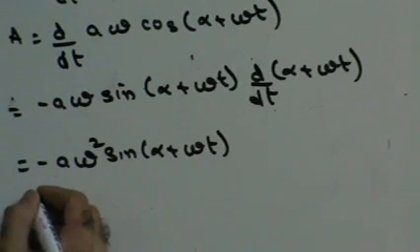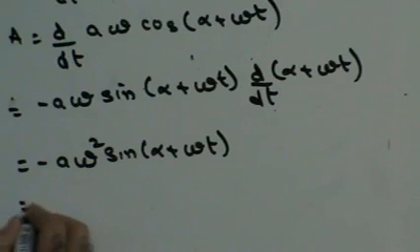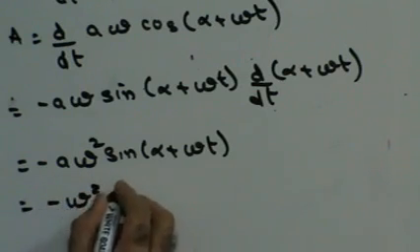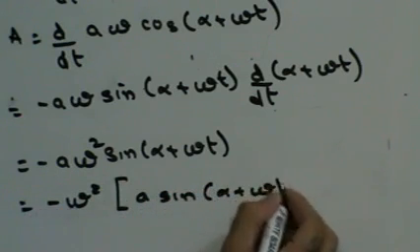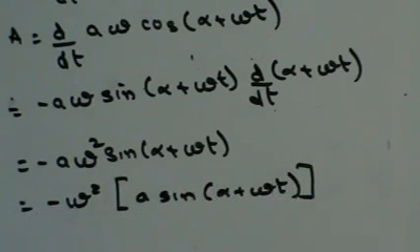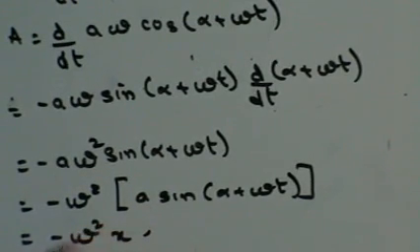Now this can be written as minus omega square into A sin of alpha plus omega t, but A sin of alpha plus omega t is nothing but x, which gives minus omega square x.